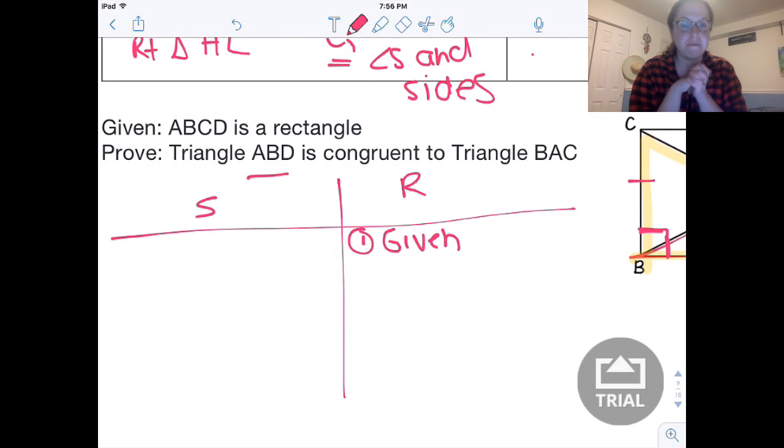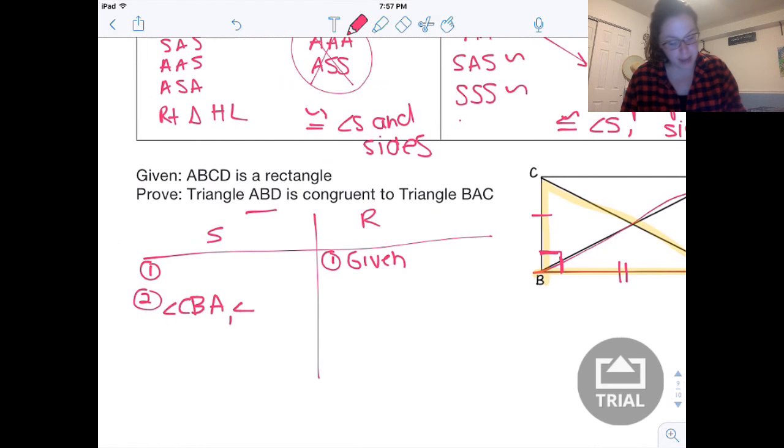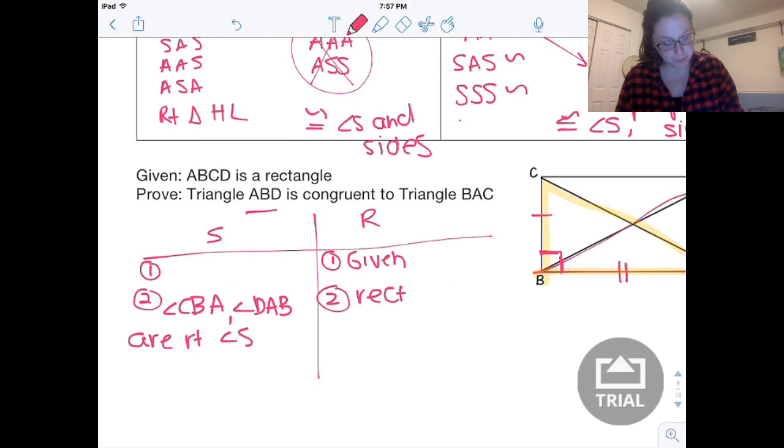Okay? So I'm going to start with my angles. So here's what I know. I know that angle CBA and angle DAB, and you can dab when you write that if you need to, are right angles, because in a rectangle, we have all right angles.